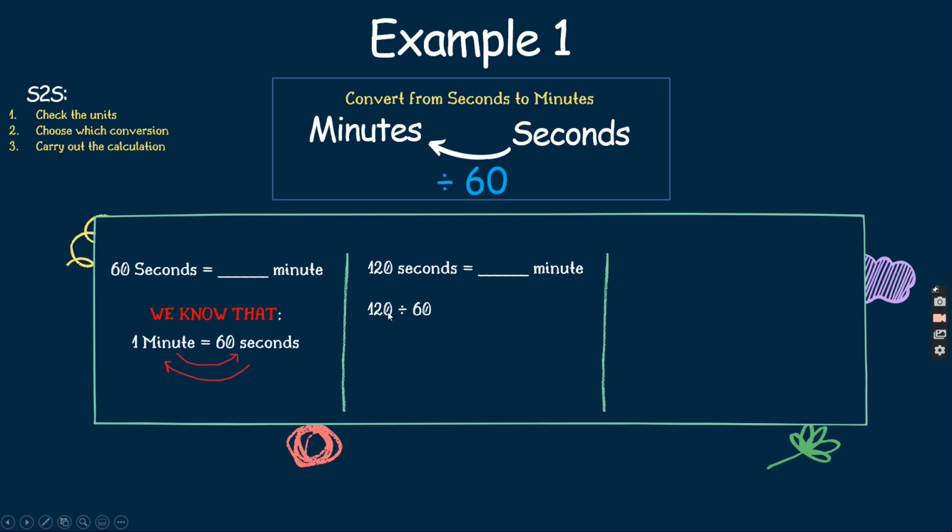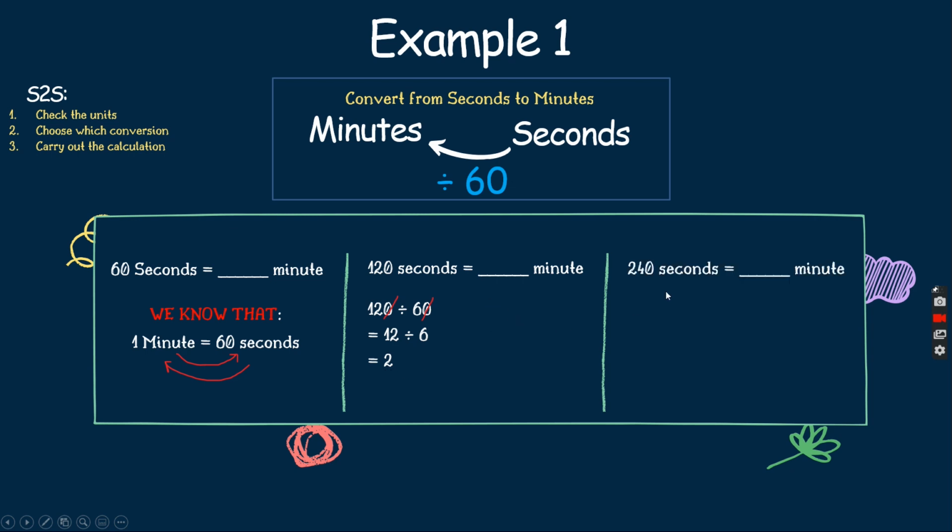You have one 0 on 120, and we have one 0 on 60, so they can cancel out. They are a pair. So this becomes 12 divided by 6, and 12 divided by 6 gives us 2. So the answer is 2 minutes.